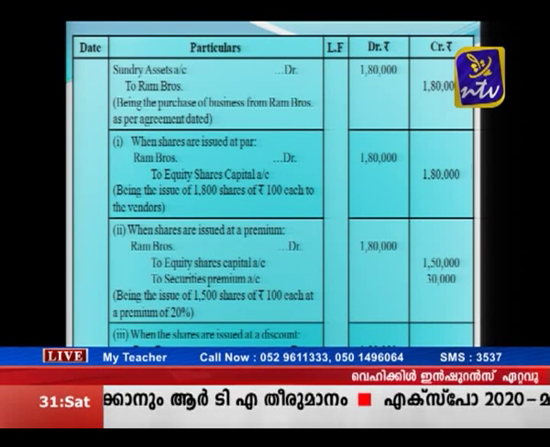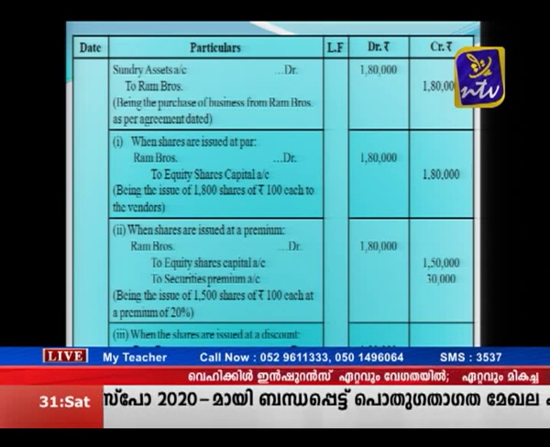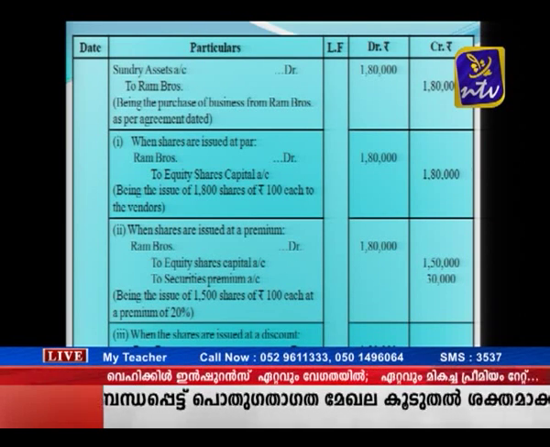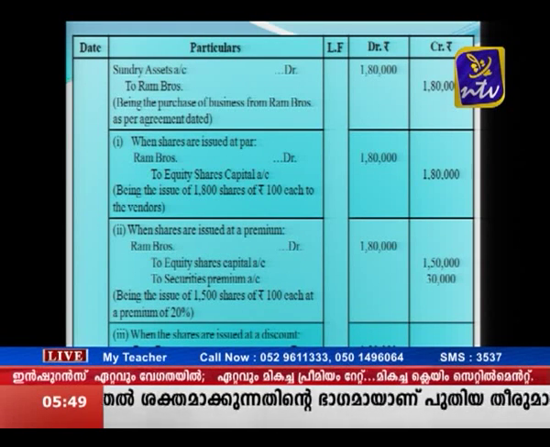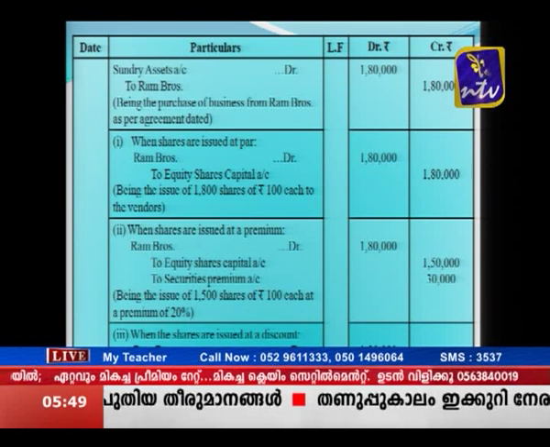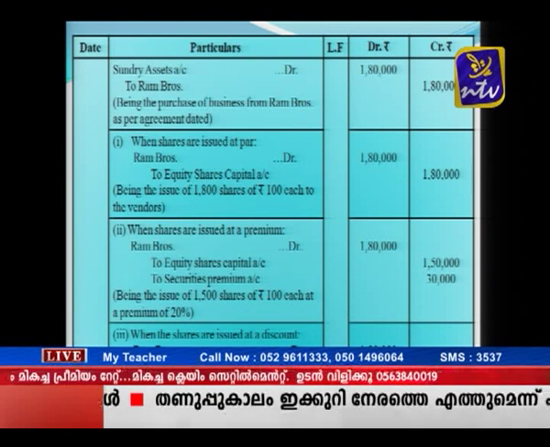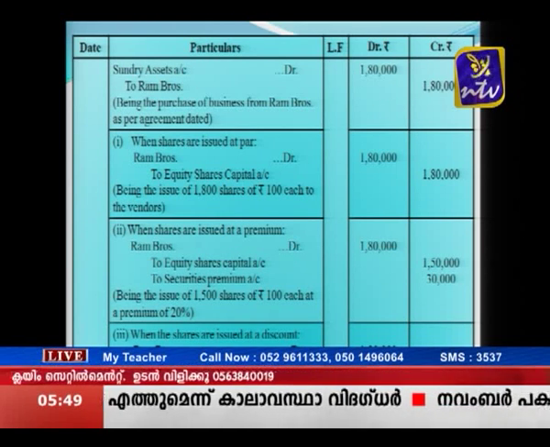In T.S. Grewal's book, sundry asset account, I am buying an asset. You can see the monitor clearly, I have given all points. Sundry asset account debtor to Ram Brothers, you can see 1,80,000 being the purchase of business or an asset from Ram Brothers. Afterwards, for the purchase consideration, the same equal amount, I am issuing shares.